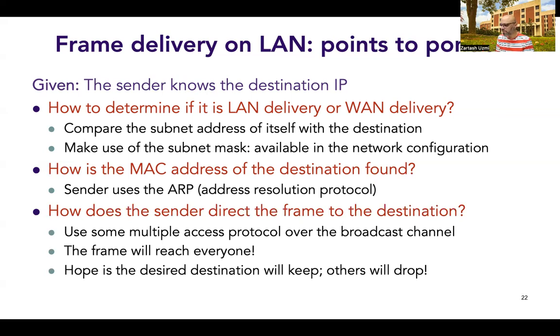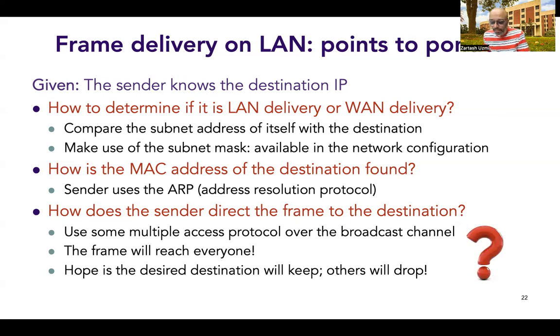But what is given is that if it is a broadcast channel and there are 20 hosts on that broadcast channel, if I transmit something, everyone else will listen to that. And when everyone else listens to that, only one is the intended guy. They will keep it. The rest of the people will just drop it.